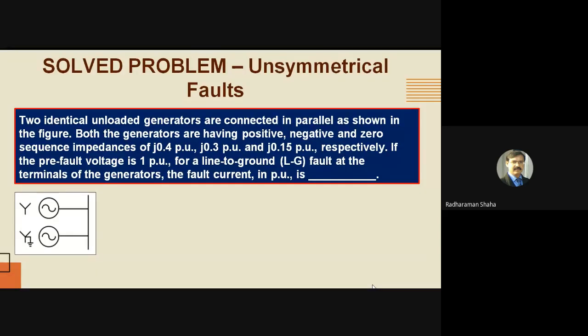We are going to take some examples which were asked in previous GATE question papers. The question on your screen was asked in the GATE 2016 question paper for 2 marks. The question is: two identical unloaded generators are connected in parallel as shown in the figure.